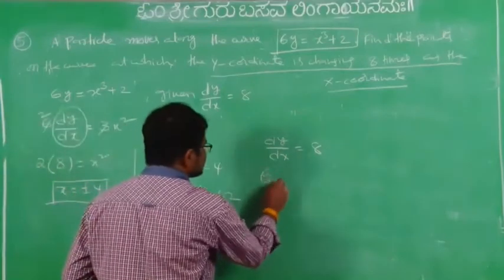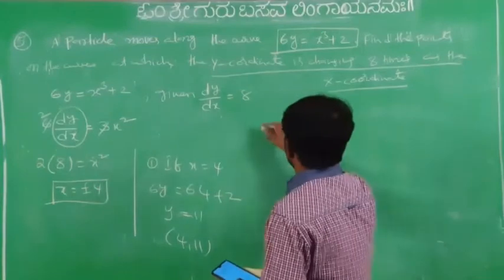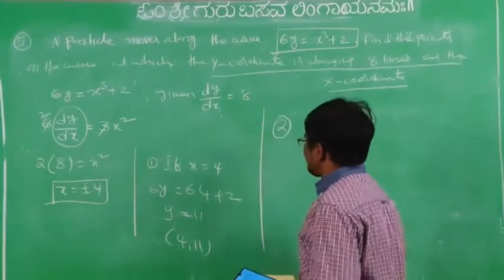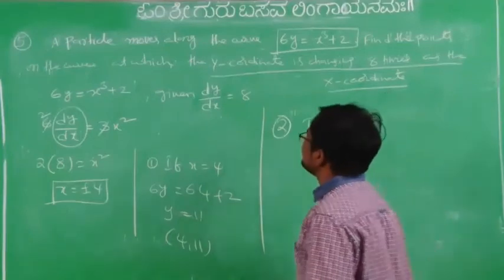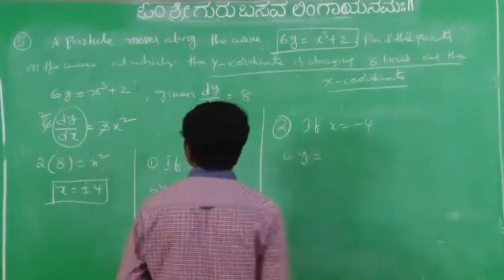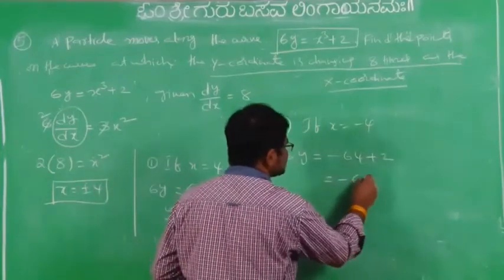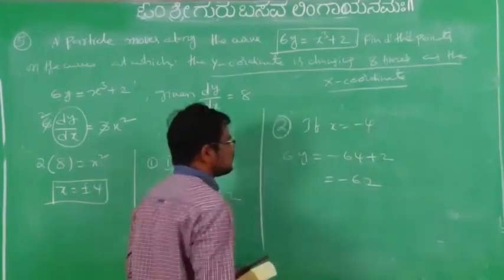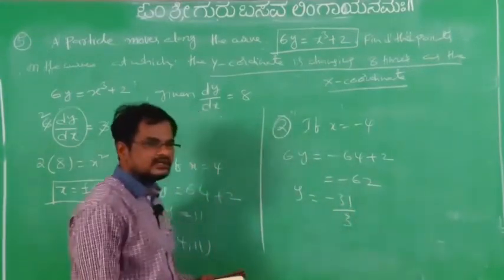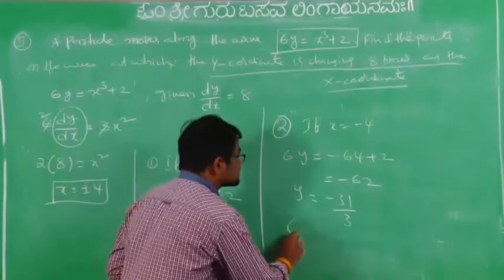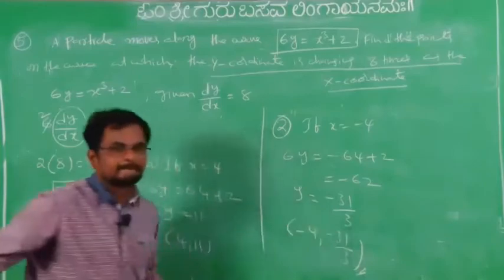In the second case, if x equal to minus 4, 6y equal to minus 64 plus 2, that is equal to minus 62. Now y equal to minus 31 by 3. Now in this case the point is (minus 4, minus 31 by 3), correct? Right.